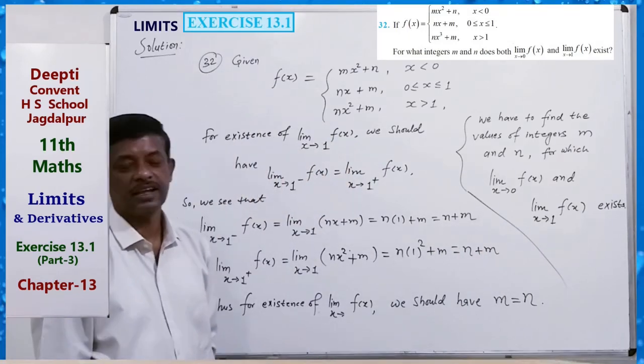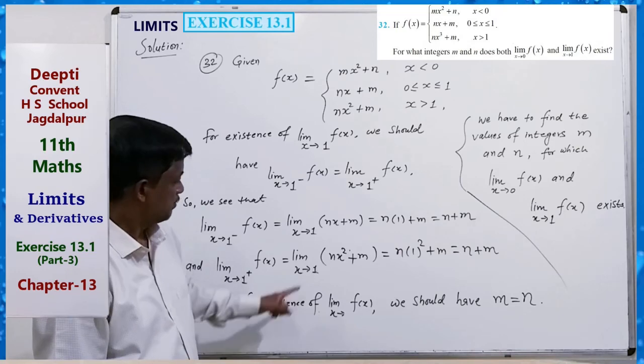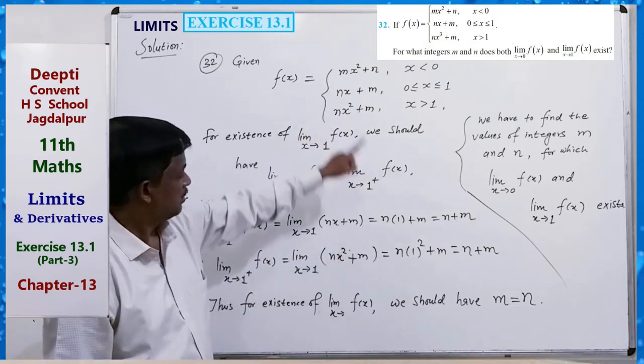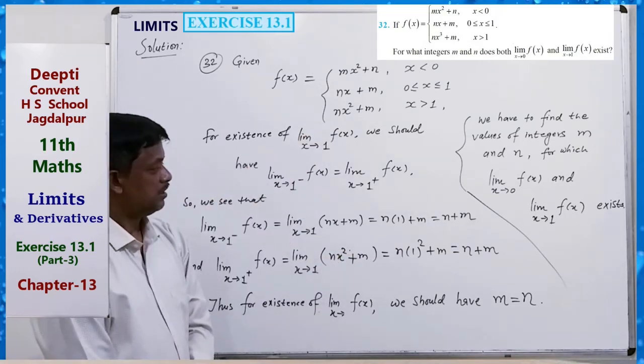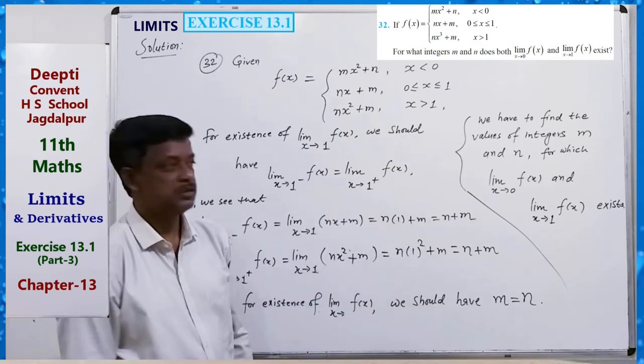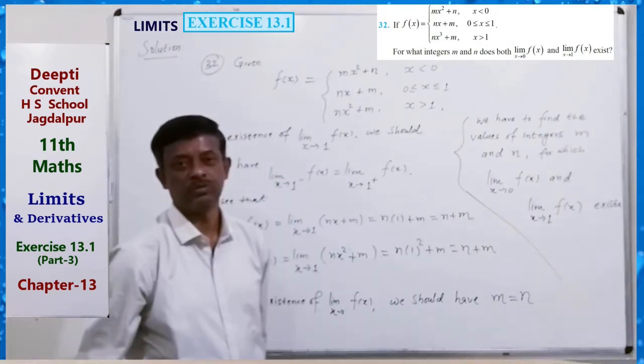So we get n plus m. Okay, so both are always true for all m and n.